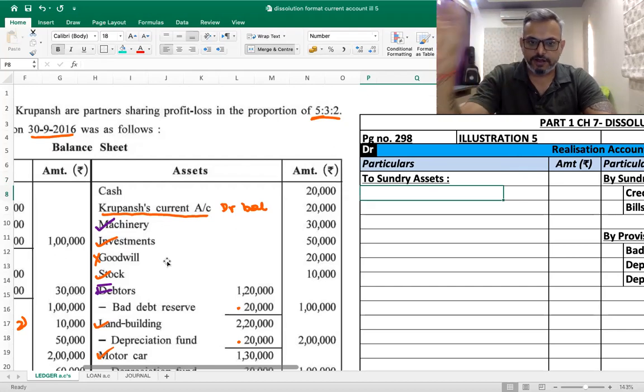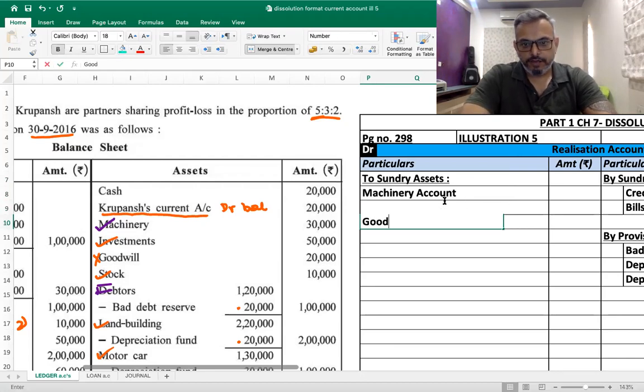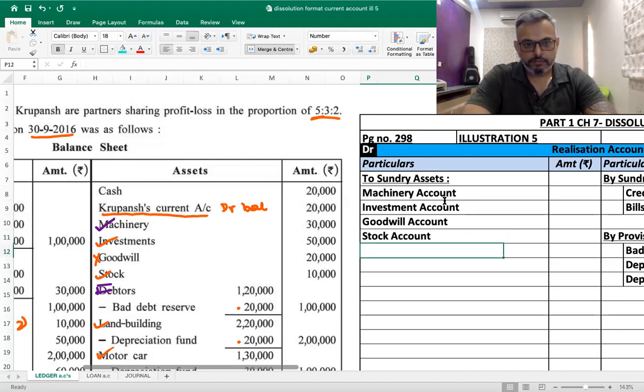जैसे कि रियलाइजेशन अकाउंट डेबिट टू मशीनरी अकाउंट, देन इन्वेस्टमेंट अकाउंट, देन गुडविल अकाउंट. अकाउंट लिखना जरूरी नहीं है, बट आई एम राइटिंग सो दैट यू नो कि एंट्री के टाइम पे तुम्हें ये सब याद रहे, इसके लिए. स्टॉक अकाउंट, डेटर्स always at the gross value, okay, that's the book value.